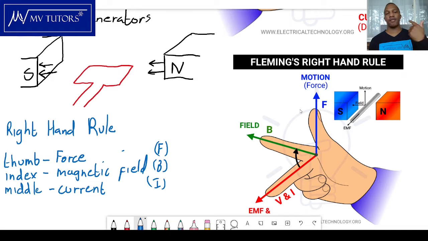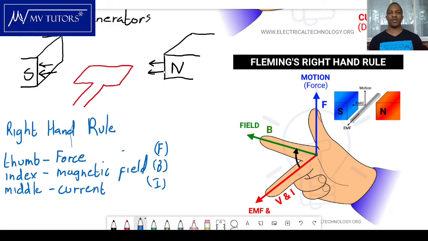Remember, the index finger is the magnetic field. It's going like that, and motion is going up, which means current is coming towards you like that.